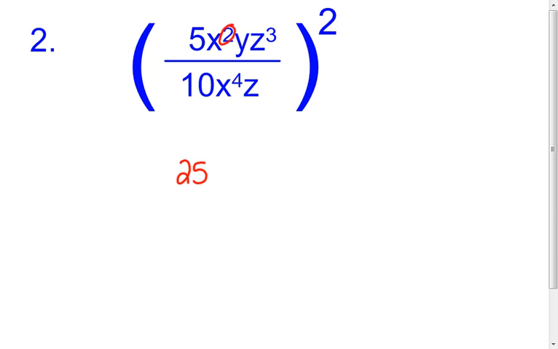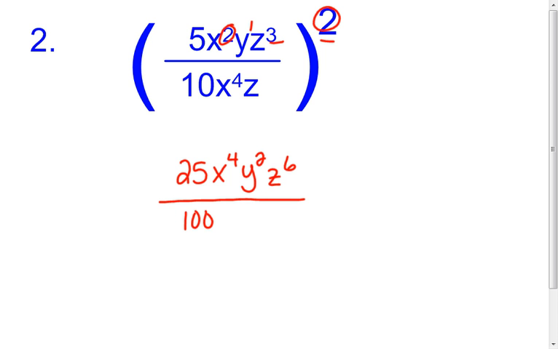These exponents will be multiplied, and so you'll have x to the 4th, y to the 1 times 2 is 2, and z to the 3 times 2 makes 6. In the denominator, 10 squared would be 100. X to the 4 times 2 would be 8, and z to the 1 times 2 would be z squared.